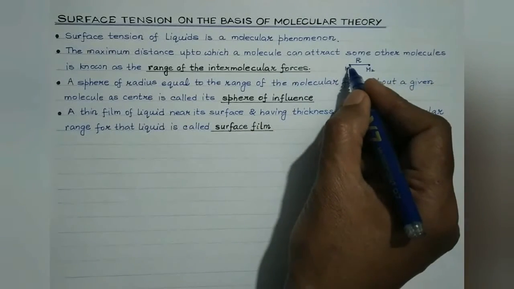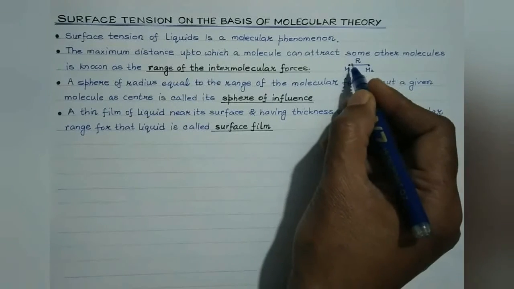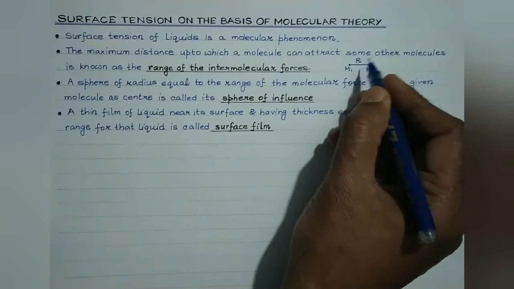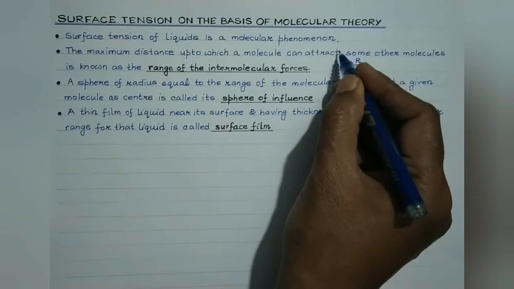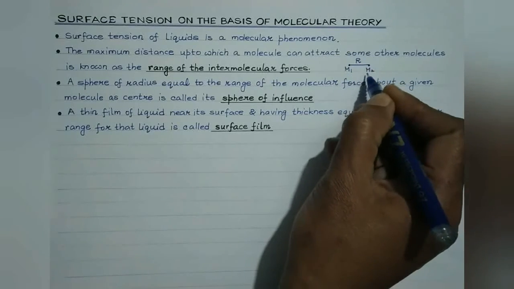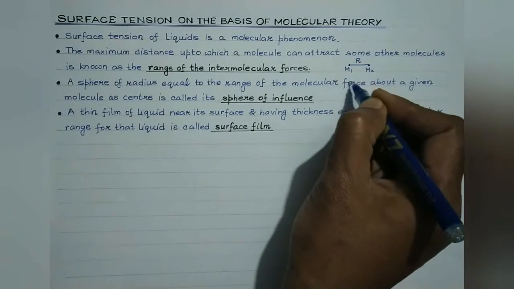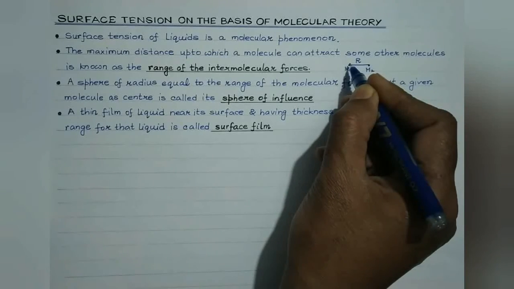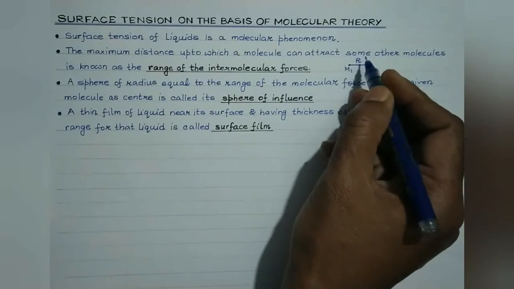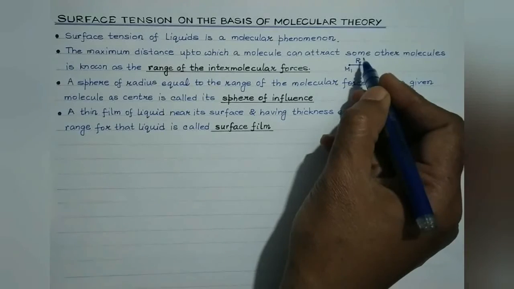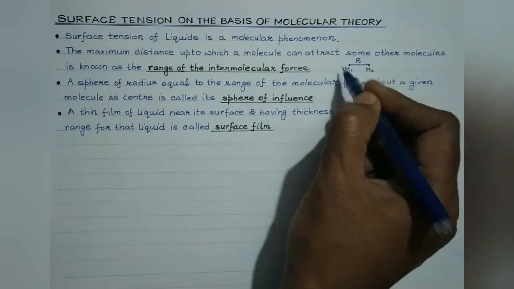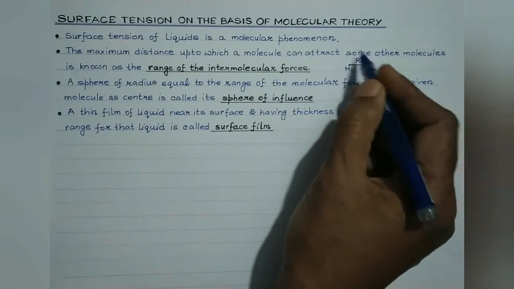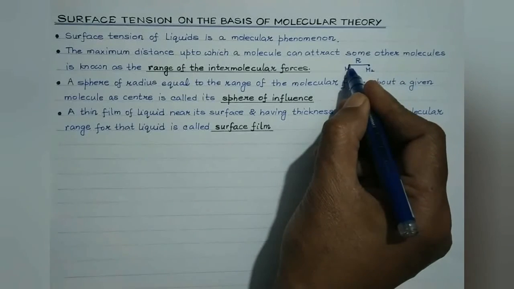Now, if I take M1 as center and M1M2 equal to R as radius and draw a sphere over here like this, then it would be known as the sphere of influence of molecule M1. Whatever molecules are present inside that sphere, all those molecules will interact with molecule M1.